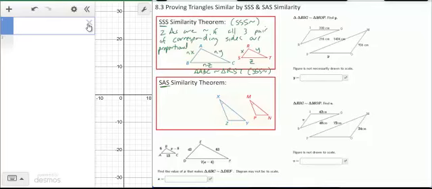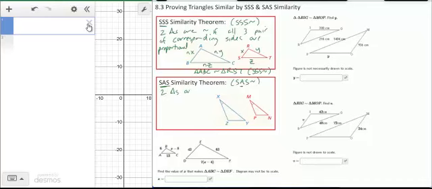And SAS similarity is, again, the same idea, combining the two. So you have two pairs of sides that are proportional and the included angle is equal. And if that's the case, then the two triangles are similar to each other.